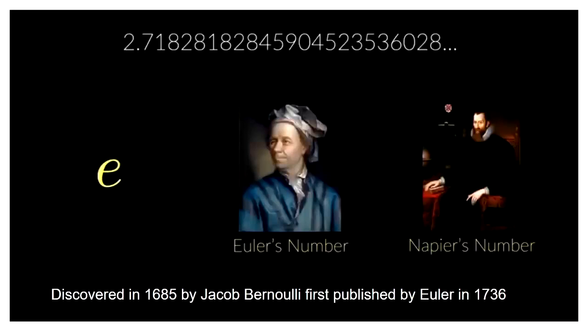But it wasn't until 1685 that e, Euler's number, was really discovered, and it was not Euler or Napier. It was this guy, Jacob Bernoulli, but it was not published until Euler published that in 1736.